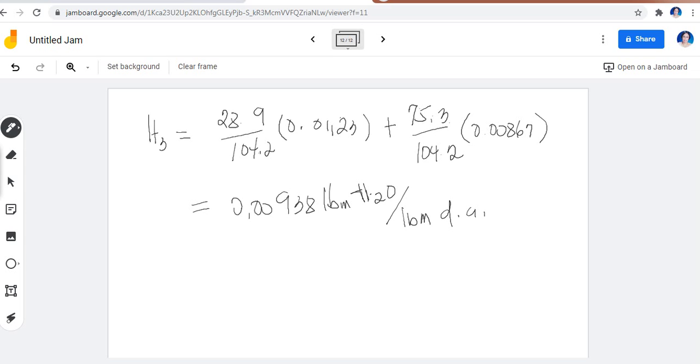Now, finding the dry bulb temperature could be as easy as you plot the stream 1 location, then you plot the stream 2 location, you connect the two streams. Now, somewhere in between will be your stream 3. It's like right in here.